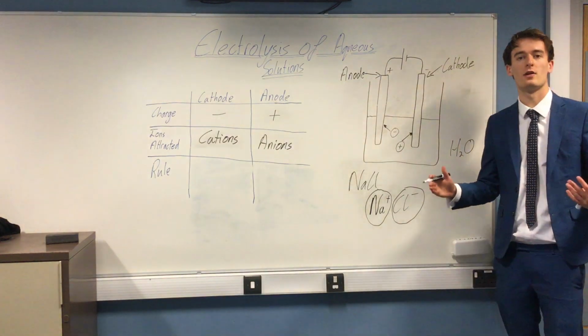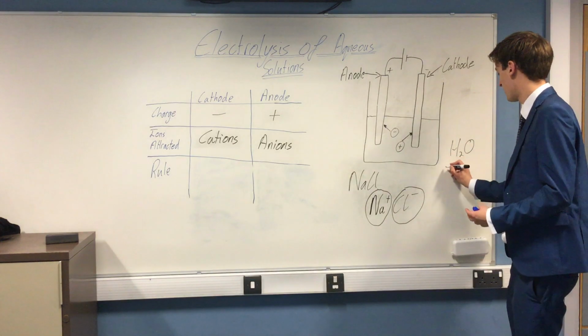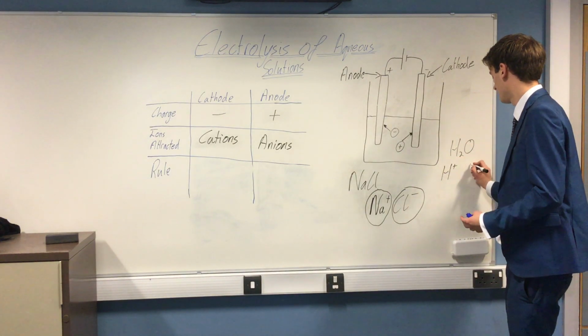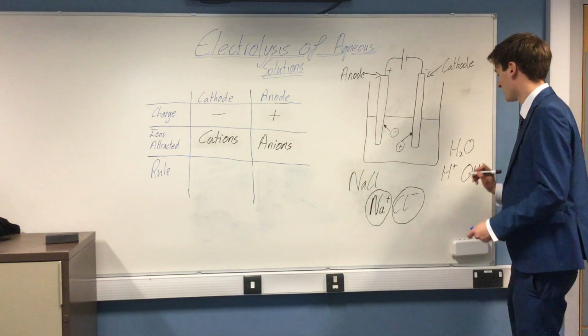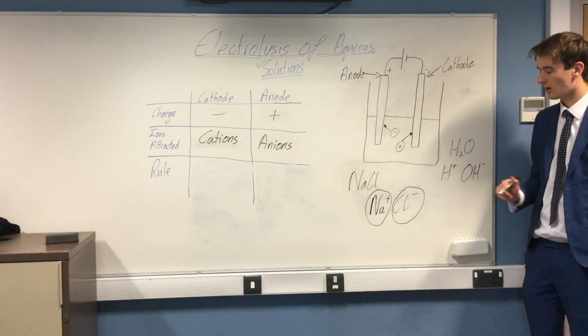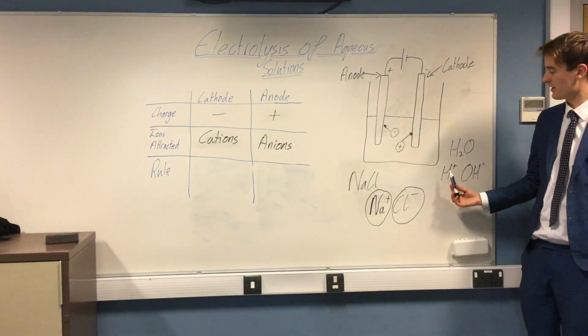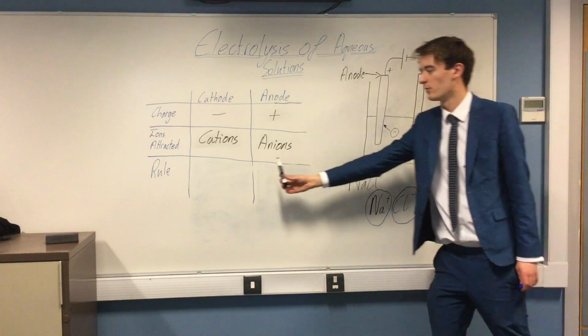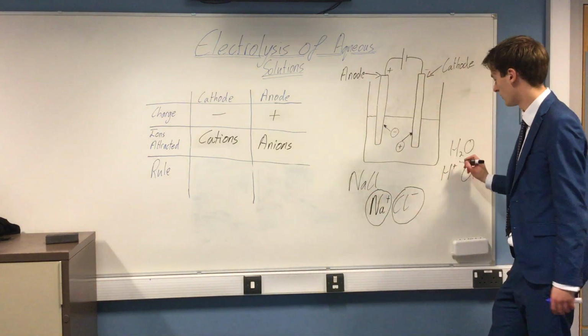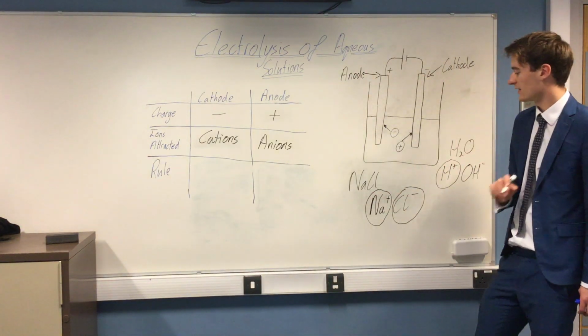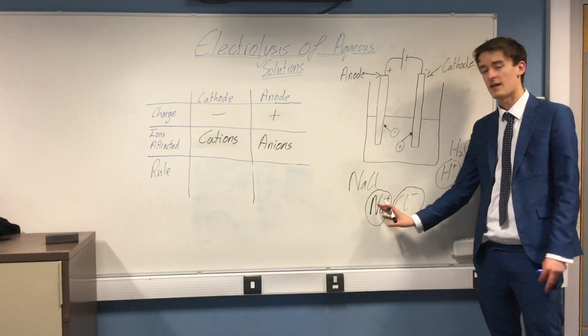And when exposed to an electrical current, this will separate into H plus and OH minus. So, when considering what is formed at the cathode, there's clearly a competition between the H plus and the Na plus.